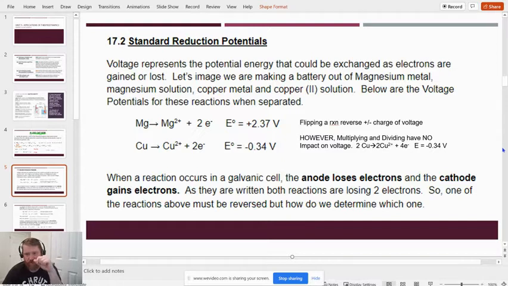That's called amperage. We're going to deal with amperage a little bit later in the notes. Voltage is how much potential a reaction has. Amperage is how many electrons a reaction has. We're not dealing with amperage at all right now. So multiplying a reaction and dividing a reaction have no impact on the voltage.